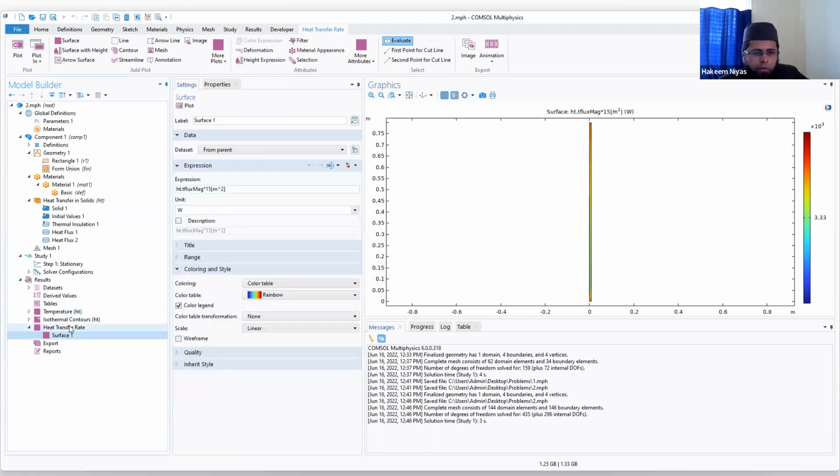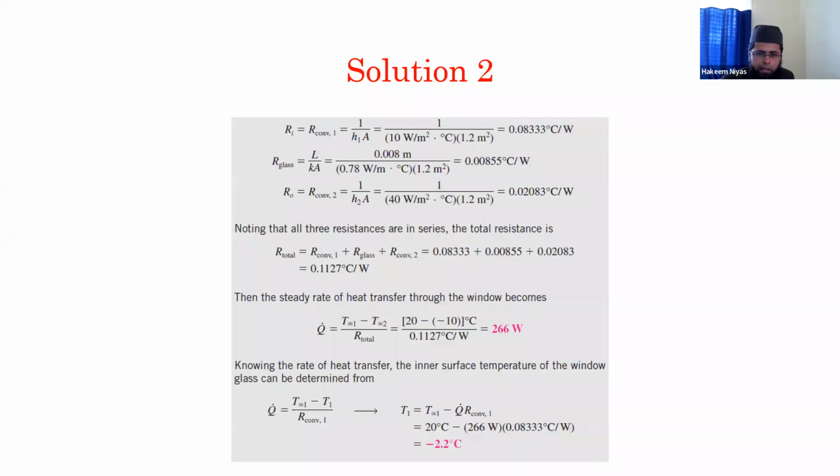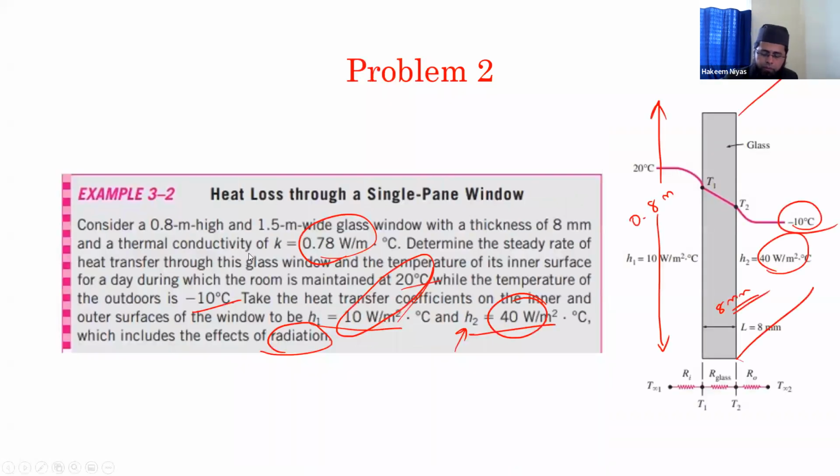I just want to remove whatever I had given for the other one. So here the heat transfer rate per meter square is 221.8 watt. Let me calculate the area of this window. We can even incorporate that in COMSOL already.